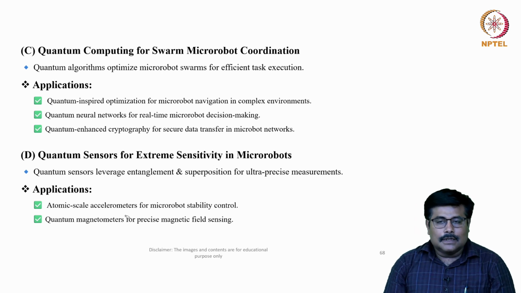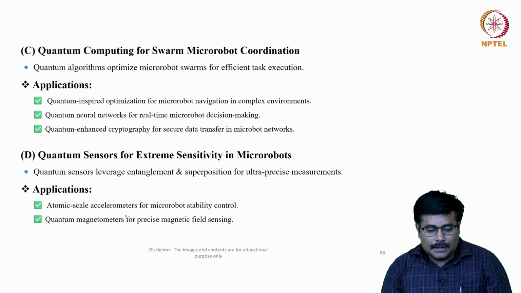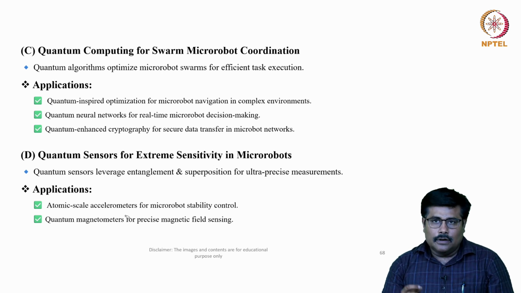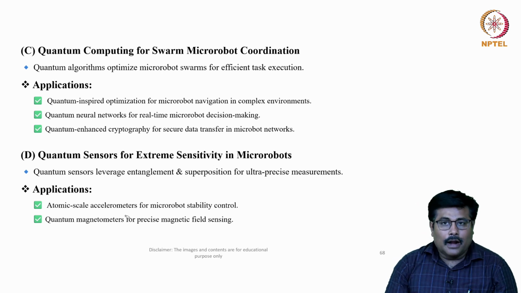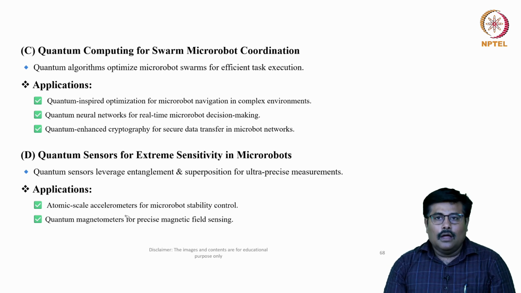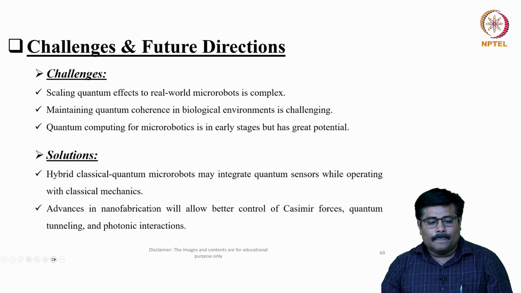Then there are quantum sensors for extreme sensitivity in micro-robots. A quantum sensor leverages entanglement and superposition for ultra-precise measurements. Applications include atomic scale accelerometers for micro-robot stability control and quantum magnetometers for precise magnetic field sensing.